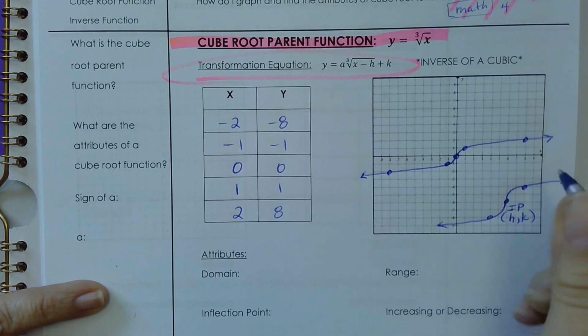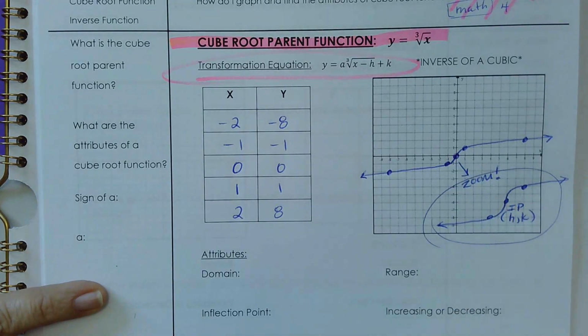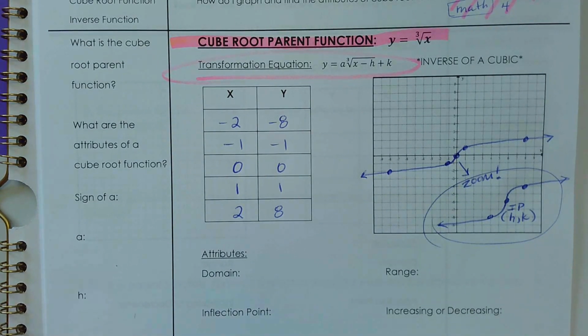This is drawn in from the middle right there. You can see a little better what happens in the middle at the inflection point.